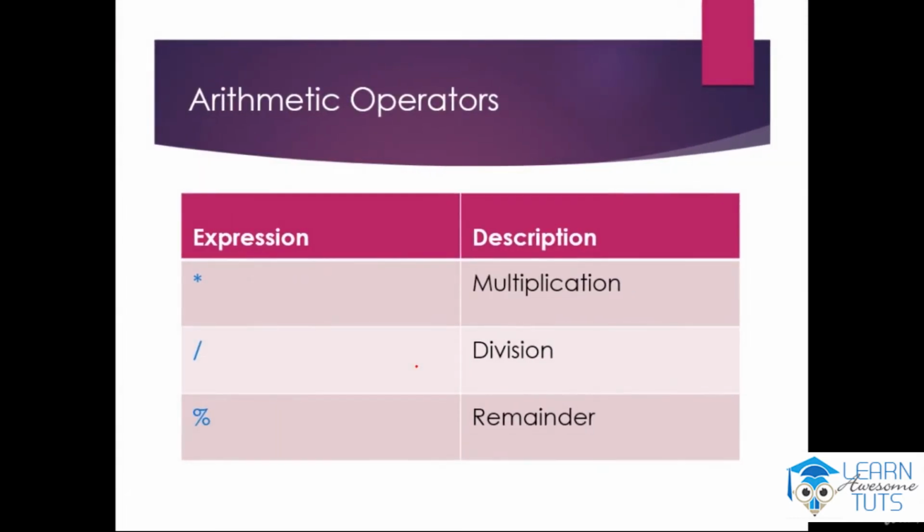These two statements are called arithmetic expressions in a programming language. The two most basic operators are plus and minus, used in the examples that we saw.